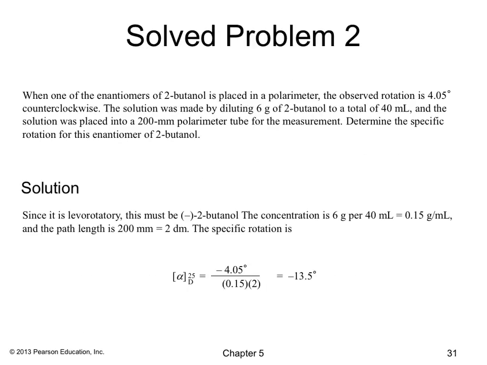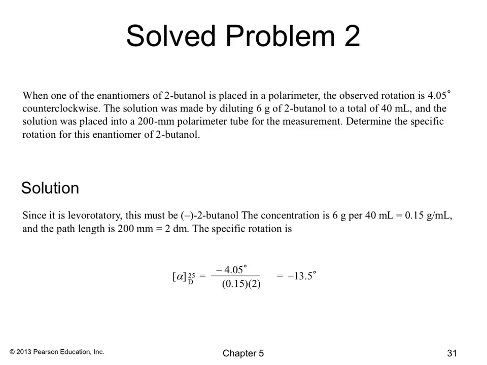So let's do a problem. When one of the enantiomers of 2-butanol is placed in a polarimeter, the observed rotation is 4.05 degrees counterclockwise. The solution was made by diluting 6 grams of 2-butanol in a total of 40 mL, and the solution was placed in a 200 millimeter polarimeter tube for measurement. Determine the specific rotation for this enantiomer of 2-butanol.